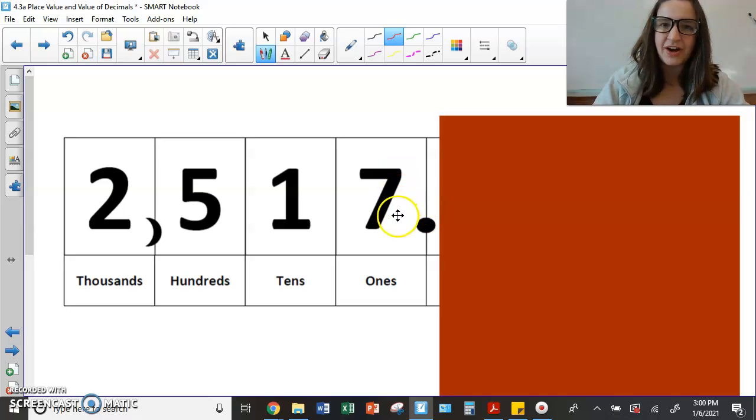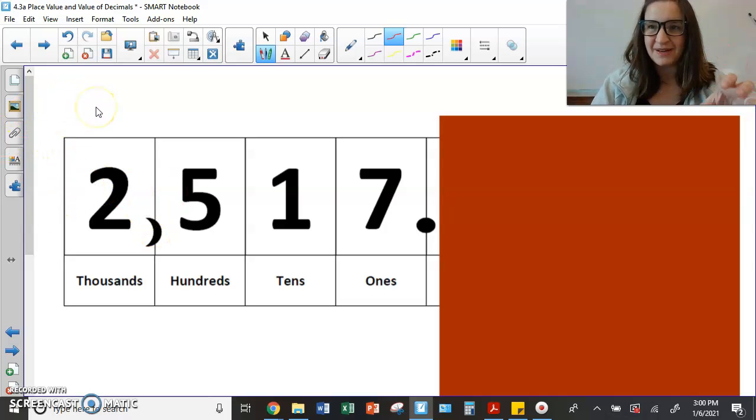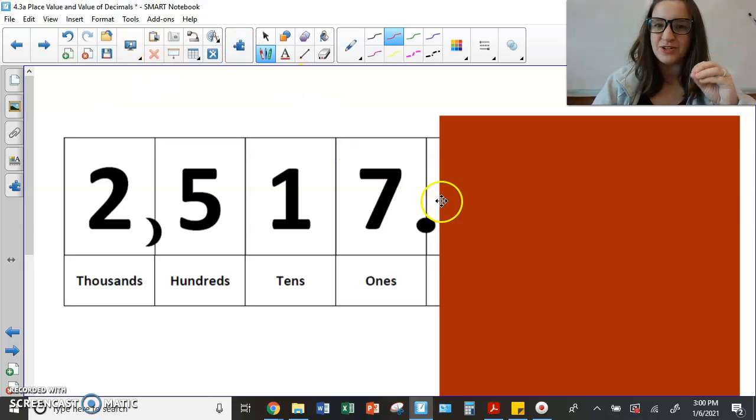But anytime we are adding a place value to the right of the ones place, we need our decimal point there. You need commas to separate families of numbers together, like your thousands and your millions and your billions, but we use our decimal point after the ones place to group numbers that are smaller than one whole.